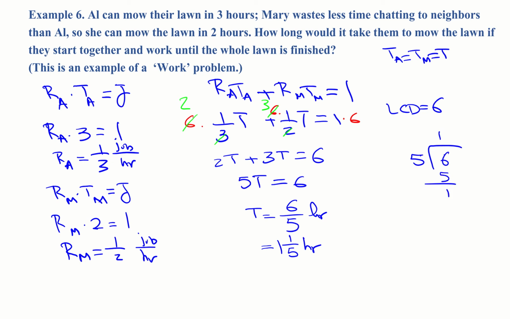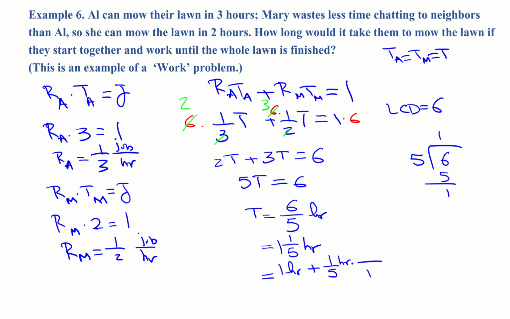And if you want to sound even more conversational than that, you can just say that's 1 hour plus 1/5. Now you can convert the 1/5 of an hour into minutes. So you have the hour up here, so you multiply by a unit factor.